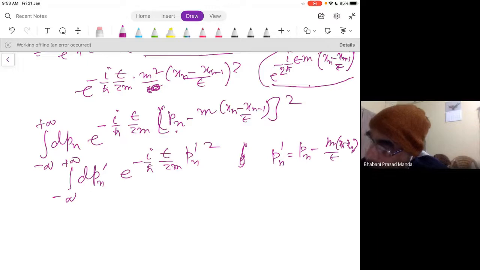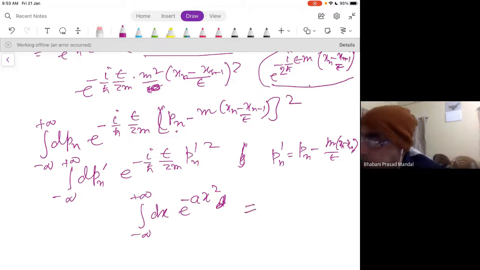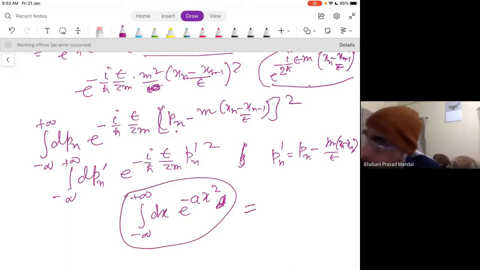Now compare this integration with the integral from minus infinity to plus infinity of e to the power minus a x square dx. The result, which you must have done many times, is root pi by a. If you have not done it, please verify this.